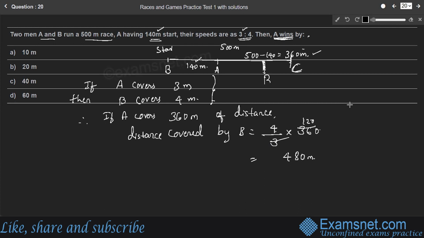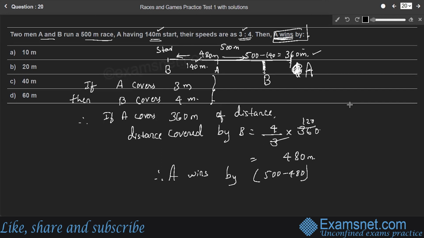So B will be somewhere here, and at the same time A will be at the destination. Therefore, the distance covered by B is 480 meters. Here the question is, A wins by... 500 minus 480, which is 20 meters, right?